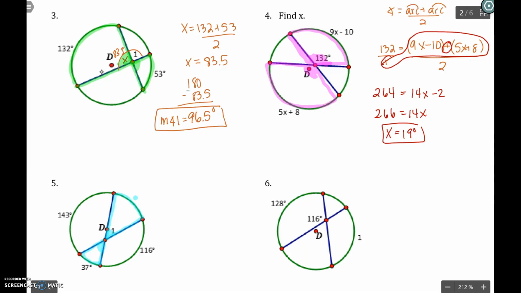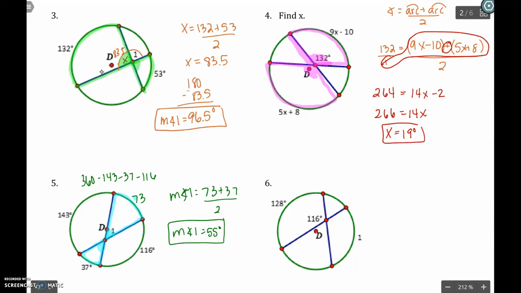So either way, if I find the missing arc first, I would add them all up and subtract them from 360, or subtract each one from 360 individually, and I'll get 73. So that arc is 73. So now to find the angle 1, I can just average the 73 and the 37. And that would be 55 degrees.